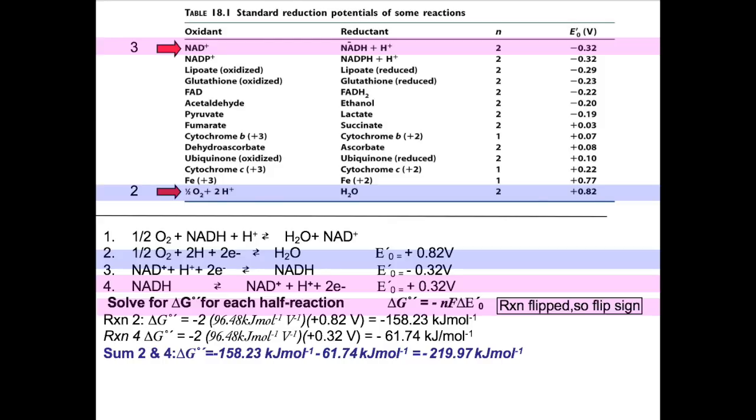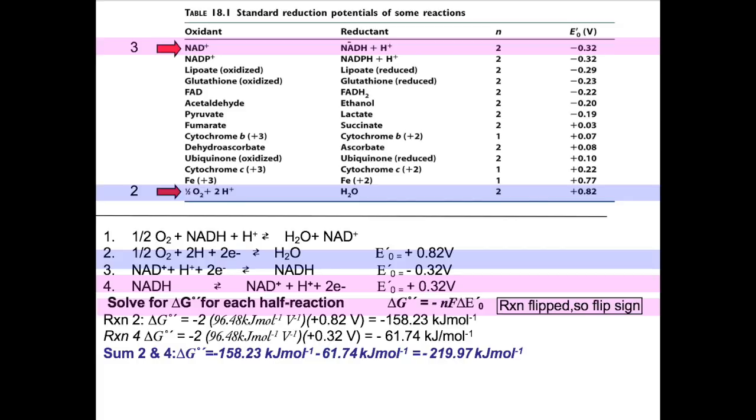We're then going to plug these individual electron transfer potentials into this equation, and once we get the delta G naught primes, we're going to add them together to see what we have for the sum. So let's plug these numbers in. For reaction number 2, the number of electrons is 2, so negative 2 times Faraday's constant, which is 96.48 kilojoules per mole per volt, times the change in transfer potential, and so that is 0.82 volts.